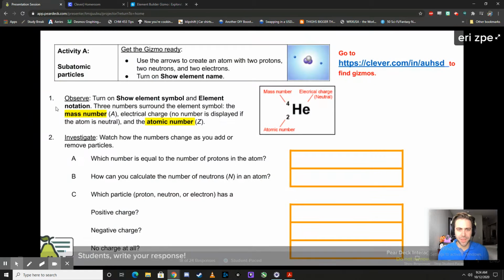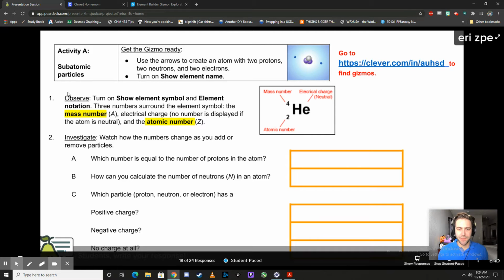Okay, now what is our question asking? Observe: turn the stuff on, show element symbol, we did that. Element notation, we did that. Three numbers surround the element: the mass number, the electrical charge, which if no number is displayed means the atom is neutral, and the atomic number.